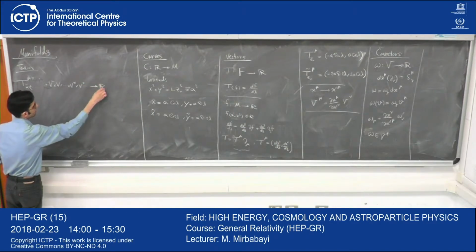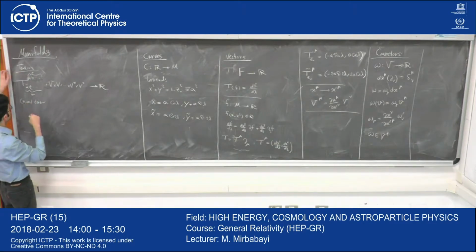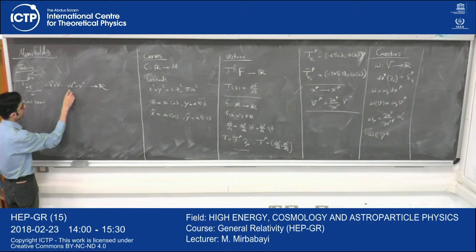So it can be defined formally in this way. If there are n indices here and m indices here, then it is called a rank (n,m) tensor. So these n indices act here.